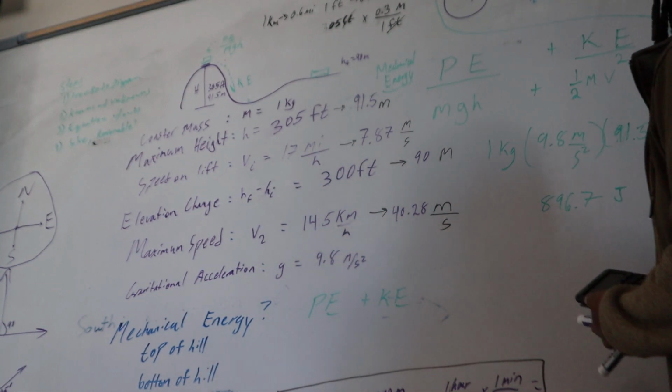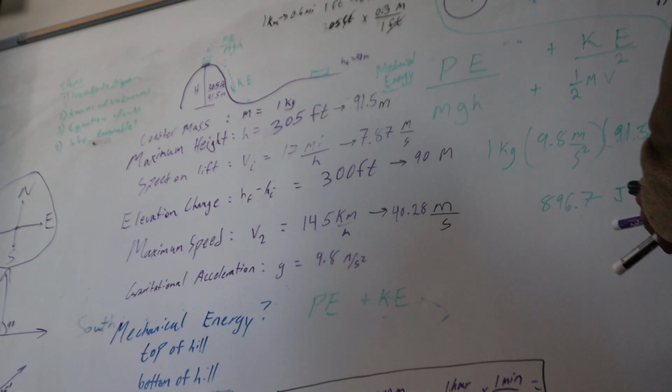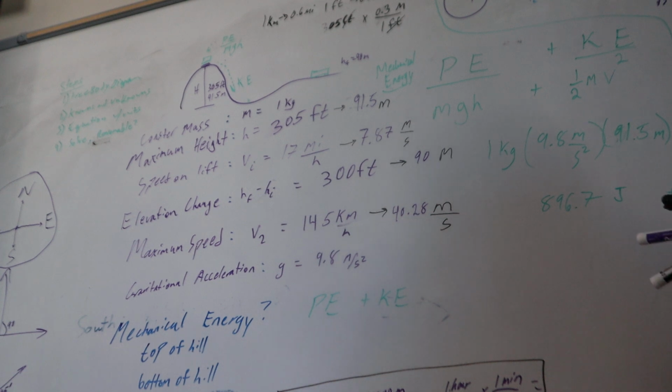So 1/2 mv squared. 1/2 times m, the kilogram. Multiply that first and then divide it by half.